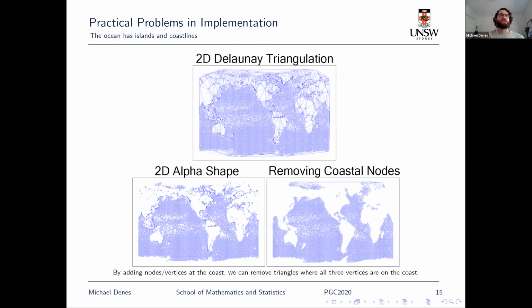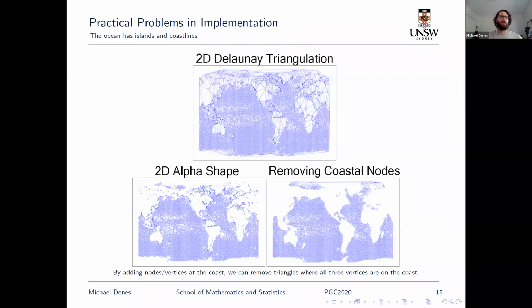But the point of this particular slide is the issue of land mass and islands and other boundaries. When we compute our triangulations on, say, 2D space or on the surface of the sphere, what we'll have is a number of particles in different oceans connecting through continents. Because we don't have any information about continents in our domain, when you just build a Delaunay triangulation, it will connect all those different points.